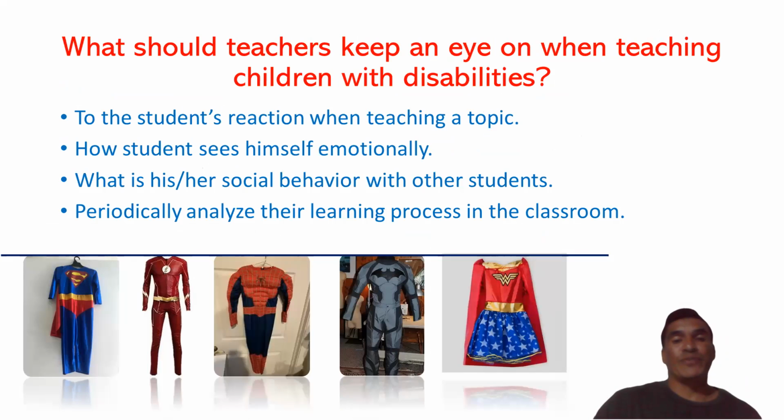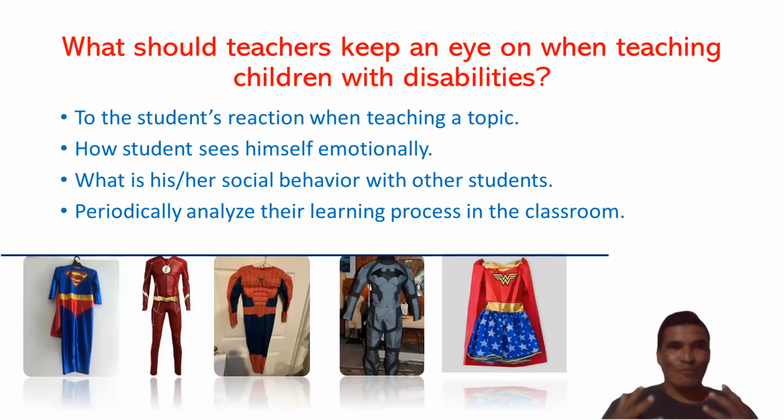The next slide represents another superhero, Supergirl. What should a teacher keep an eye on when teaching children with disabilities? Number one, the student's reaction when teaching a topic. What is the reaction of those children? Number two, how a student sees himself emotionally. The feelings and emotions are very important, so pay attention all the time.